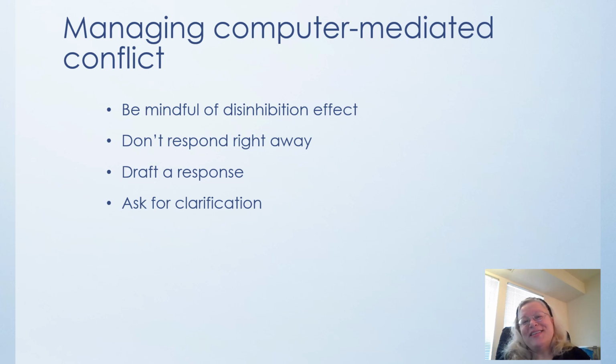Computer-mediated communication can give rise to special kinds of conflict, and it's often because of something called the disinhibition effect. So think about what disinhibition would mean. It would mean losing your inhibitions, right? Oftentimes when we are hiding behind a computer as an anonymous person, or even right now when I'm talking to you and you know me and I know you, but there's this computer screen between us.